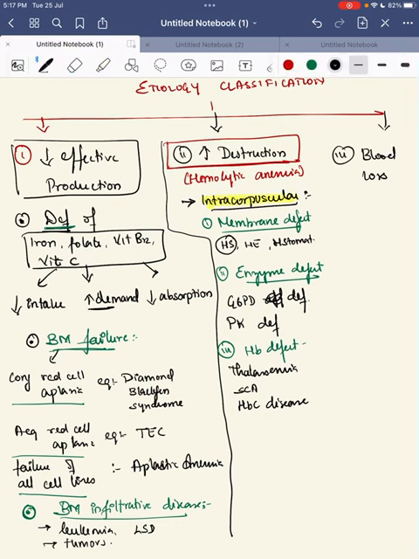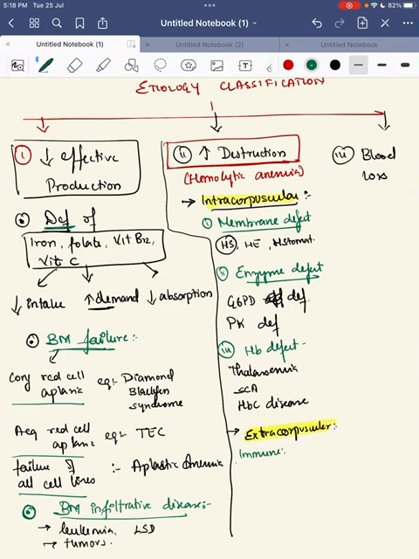Next, we'll see the extracorpuscular causes. So extracorpuscular causes can be either immune mediated.